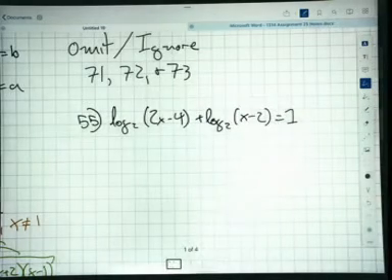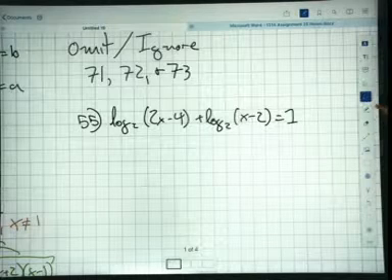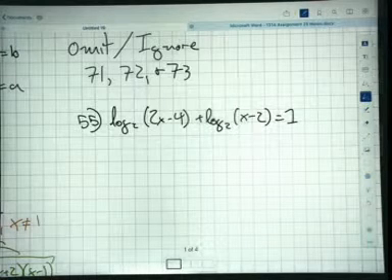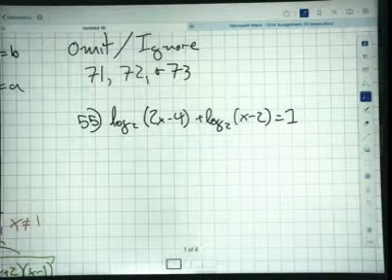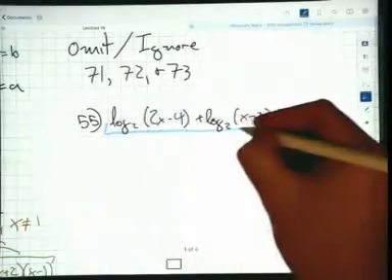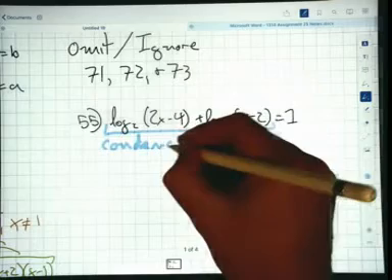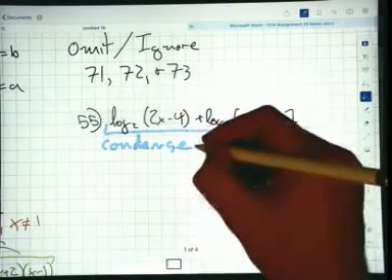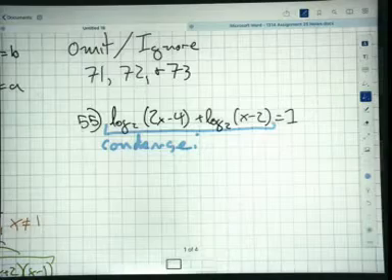Okay, so we have a logarithmic equation here. Now, the first thing that I want to do, if I have multiple logarithms in a logarithmic equation, I want to condense. Now, to condense, we're going to use the product or quotient rule.